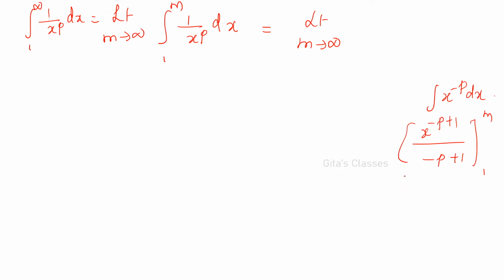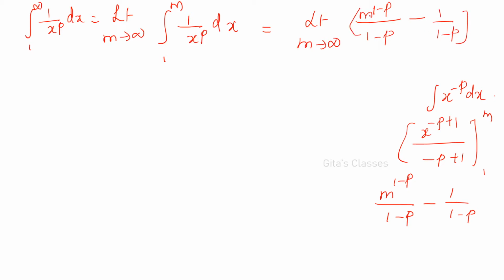So when you substitute x equal to m, this becomes m power 1 minus p divided by 1 minus p, and for 1, 1 power anything is 1, so minus 1 by 1 minus p. So it is m power 1 minus p divided by 1 minus p, minus 1 by 1 minus p.